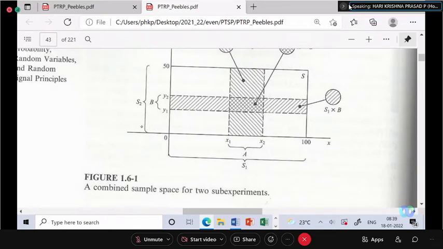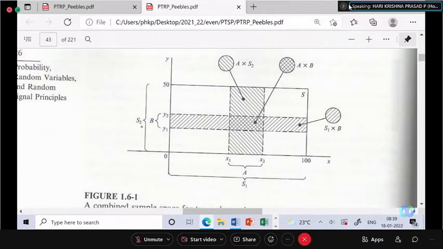So along the x-axis, I have event A taking values from x1 to x2, all possible values. Likewise, event B is defined along the y-axis taking values from y1 to y2. Now, what is A cross S2?